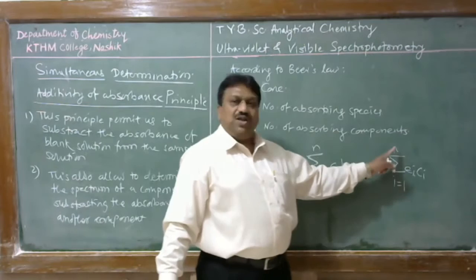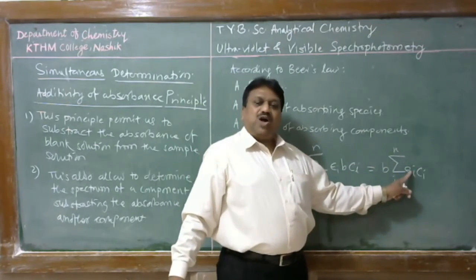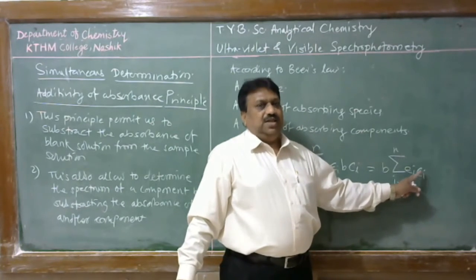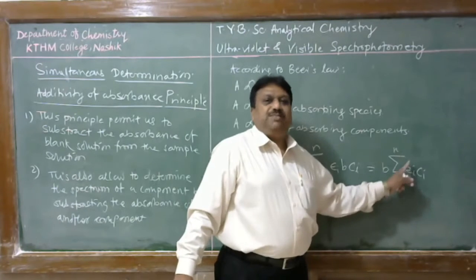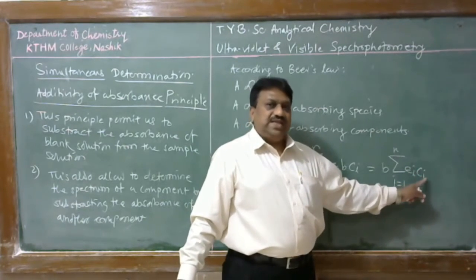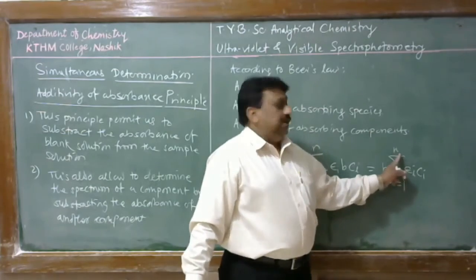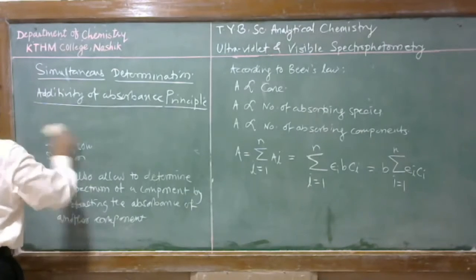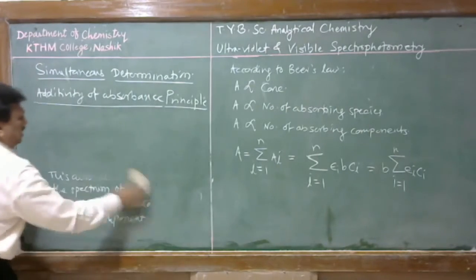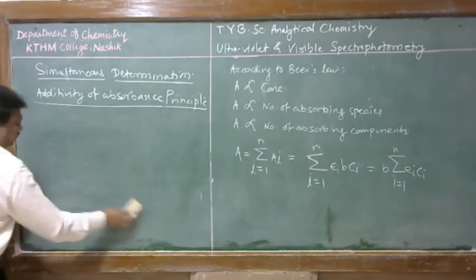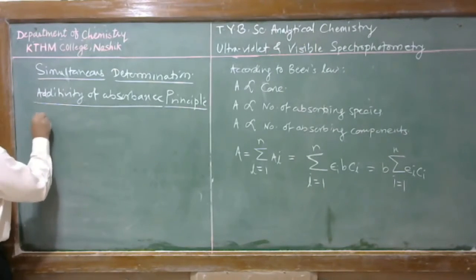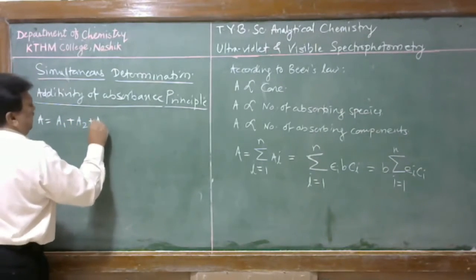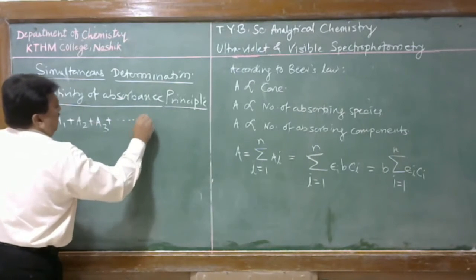And therefore, for all components, it is the product of the molar absorptivity of each component and the concentration of each component. Therefore, this total absorbance can be measured as the sum of epsilon i into Ci, where i is from 1 to n. In this way, the additivity of absorbance principle allows us to determine the total absorbance. That is, A is equal to A1 plus A2 plus A3 plus An.